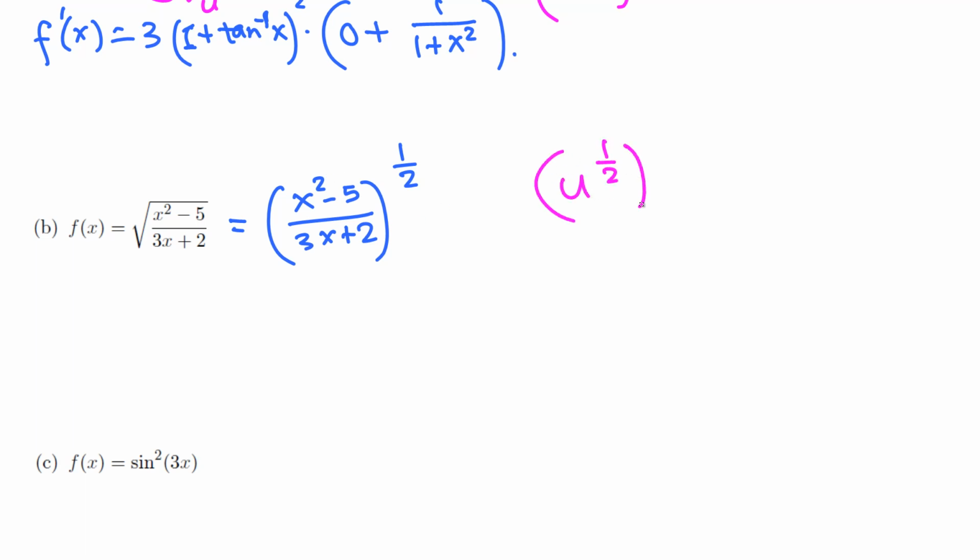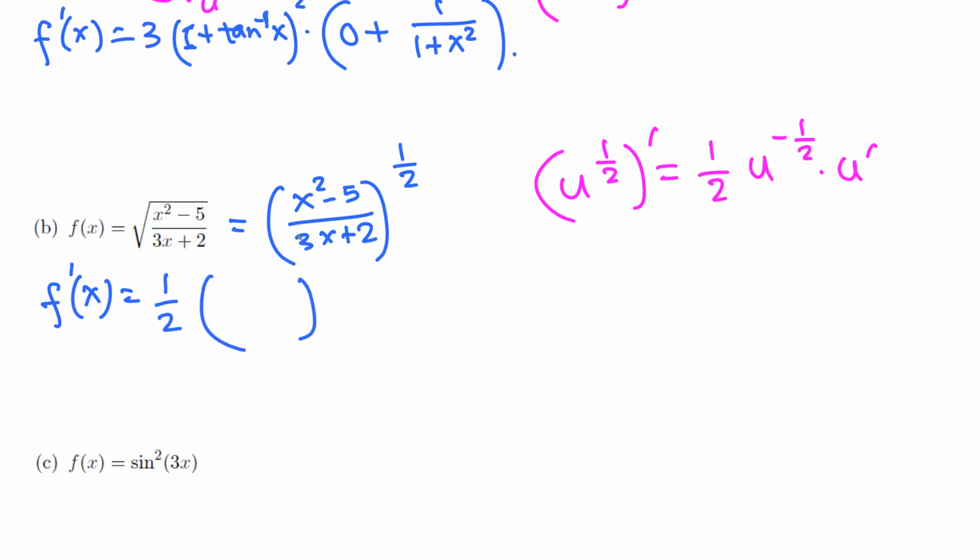From the power rule, 1/2 u to the 1/2 minus 1, negative 1/2, times, from the chain rule, the derivative of the inside, u prime. In this case, it's 1/2 times this fraction, (x squared minus 5 over 3x plus 2), to the 1/2 minus 1, negative 1/2, times the derivative of the inside u prime.